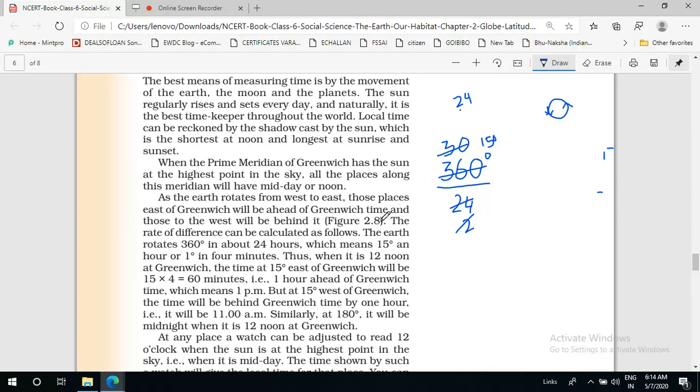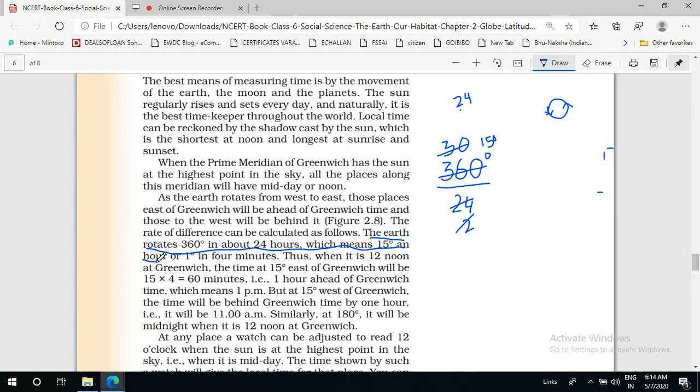You can see it is given in your book: the earth rotates 360 degrees in about 24 hours, which means 15 degrees an hour. And one more calculation is to be done.